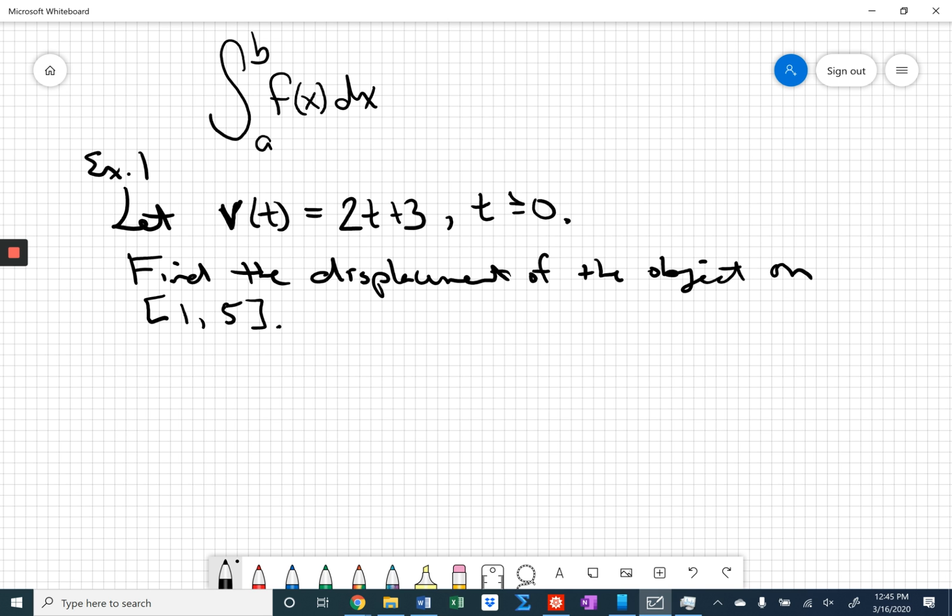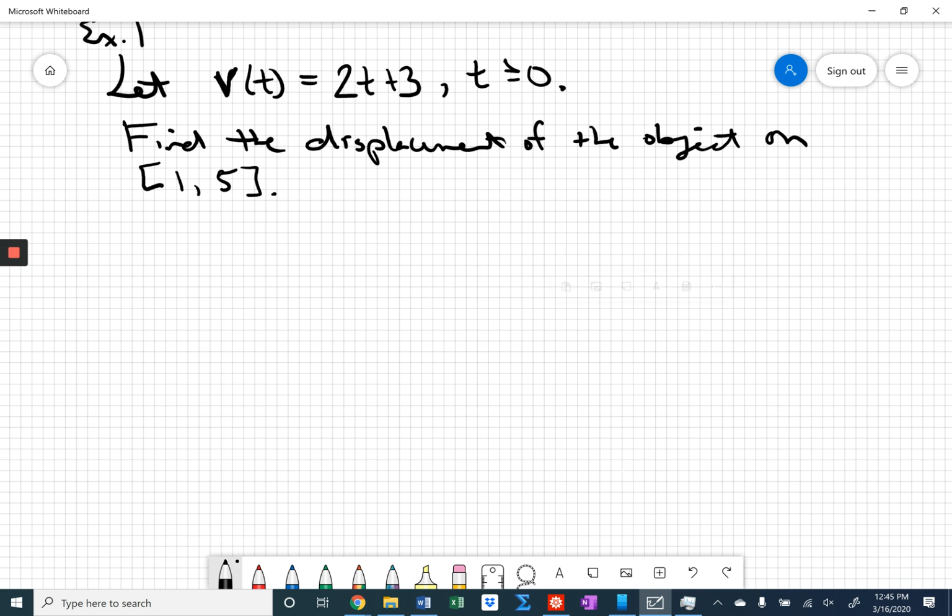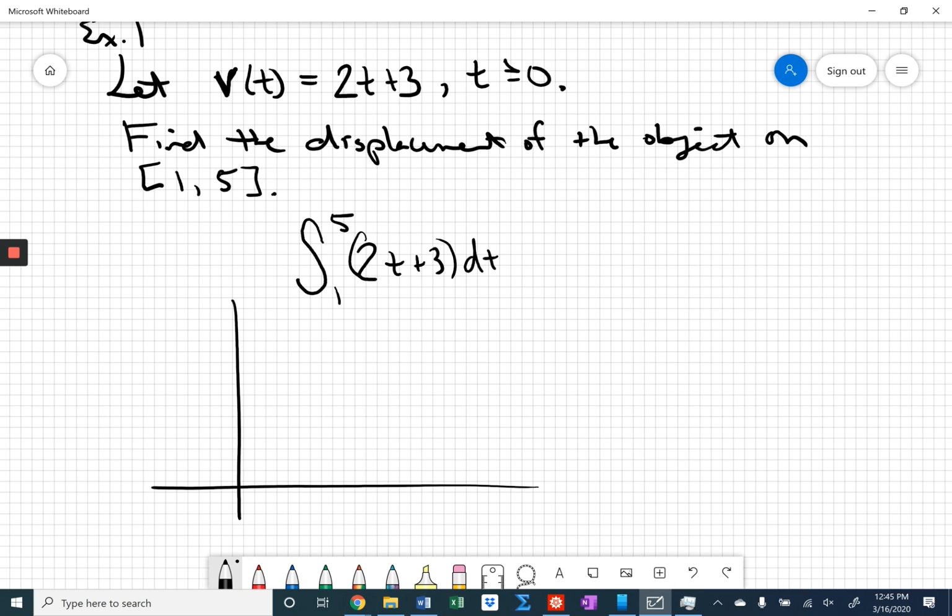So I'm going to set that up here. Essentially what we're doing is looking at the integral from 1 to 5 of 2t plus 3 with respect to t. Graphically, and I'm not going to try to draw an accurate picture, I'm just going to do a quick sketch, we're looking at finding this area here.